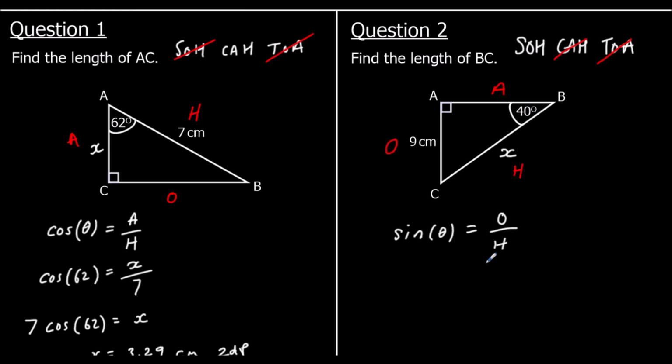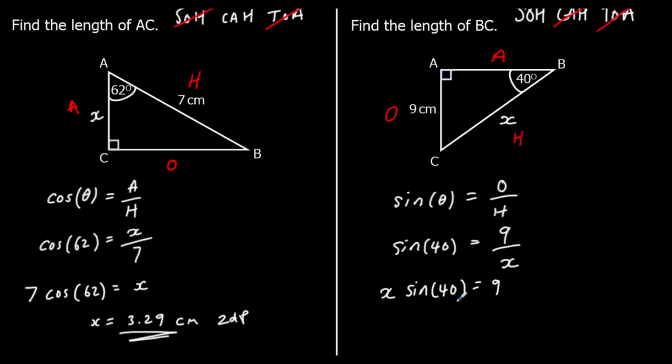And the angle is 40 this time, so sine 40. O is 9. H is X. So sine 40 equals 9 divided by X. We want X by itself, so let's firstly multiply both sides by X. So X times sine 40 is 9. And then to get rid of sine 40, we divide both sides by sine 40.